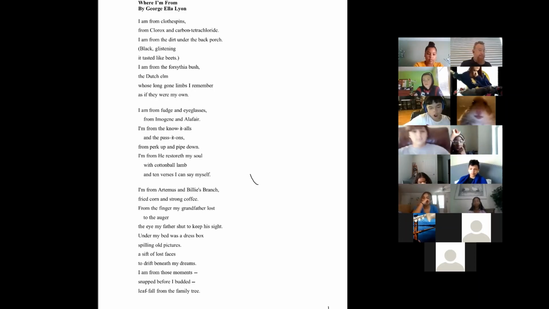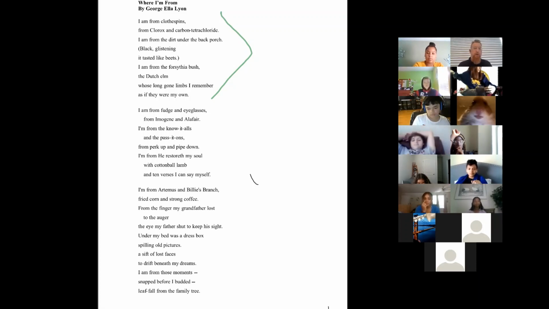In the first stanza, she is talking about her childhood. She's telling you where she is from, some of the experiences of her childhood. Now, realistically, the first three things that we're seeing are talking about things like laundry and cleaning, right? Clothespins, Clorox, carbon tetrachloride, these are chemicals that are used to actually help clean.